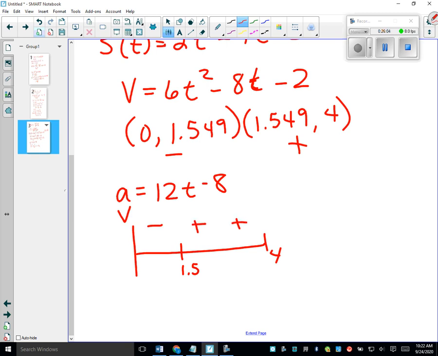Okay, we did that like this. Acceleration, what did we find? They're both plus. 2/3? So that's about right here. And so we had 0 to 2/3, 2/3 to 4. It's always a plus.